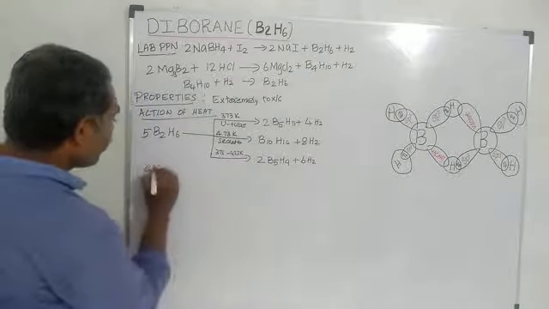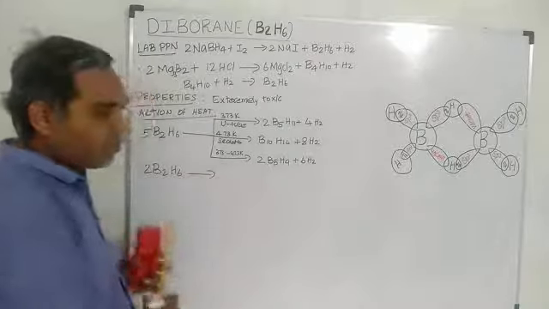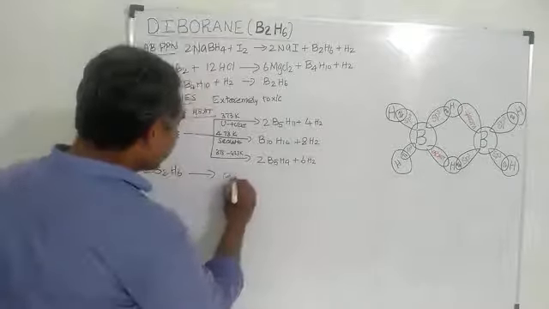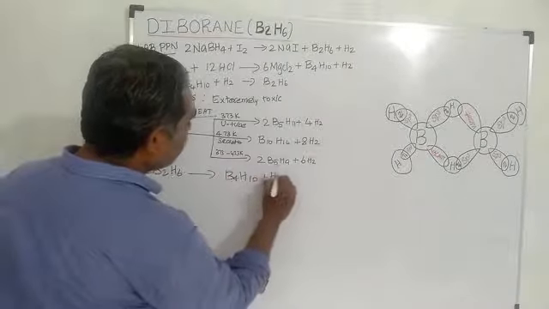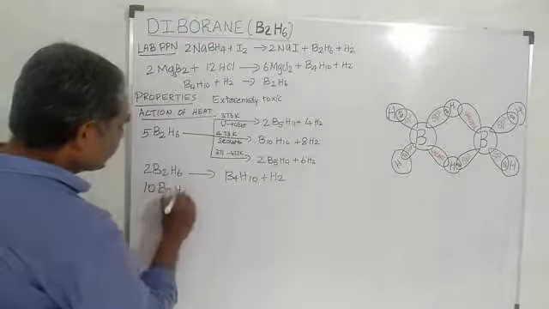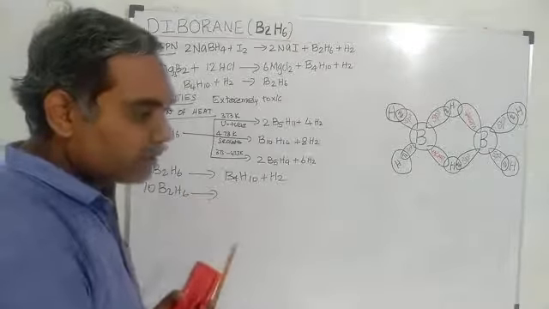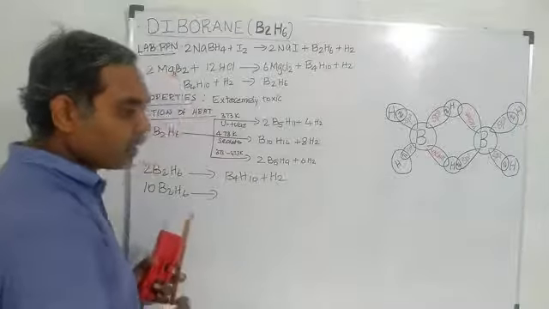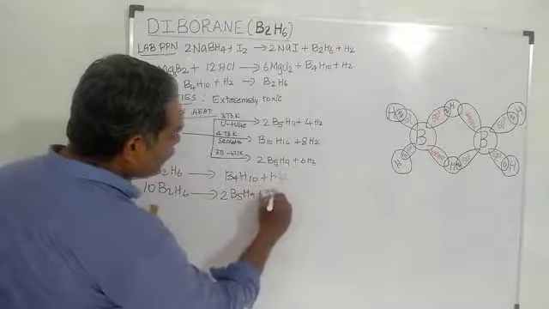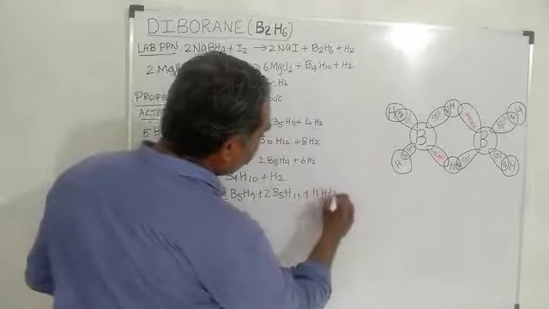Next, 2B2H6 on heating will give B4H10 plus H2. Next reaction, 10B2H6 on heating around 273 Kelvin will give 2B5H9 plus 2B5H11 plus 11H2.